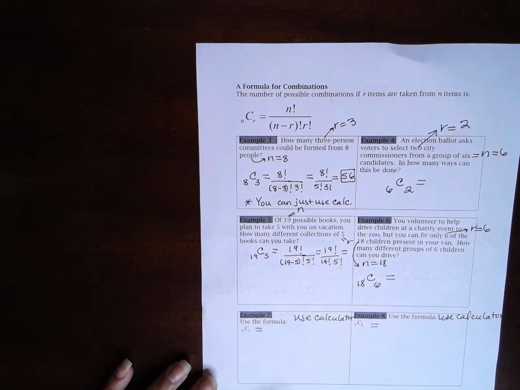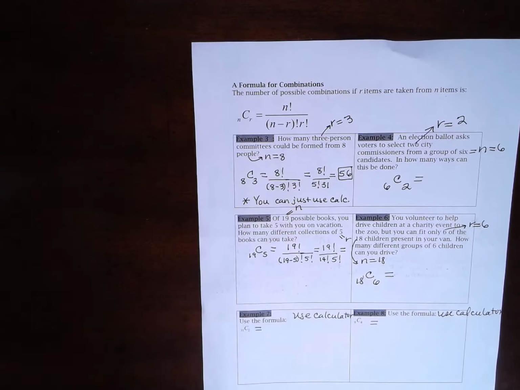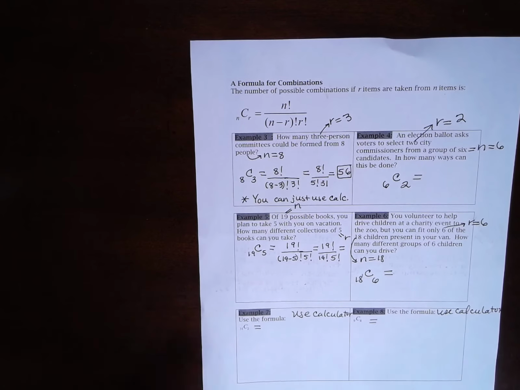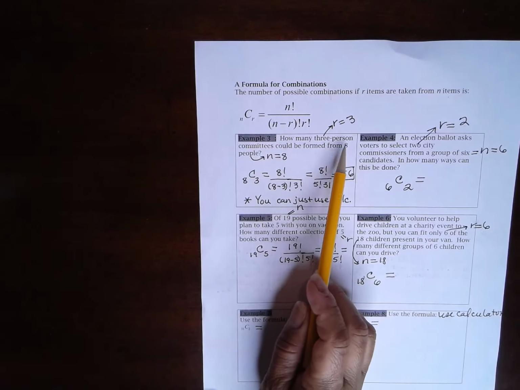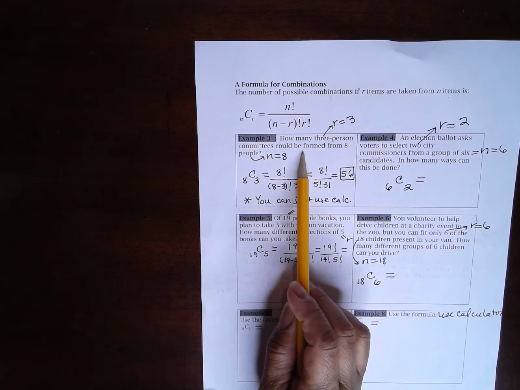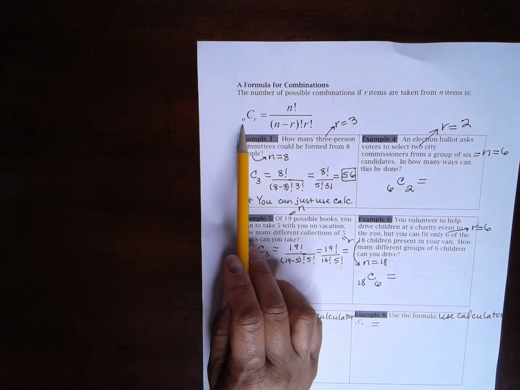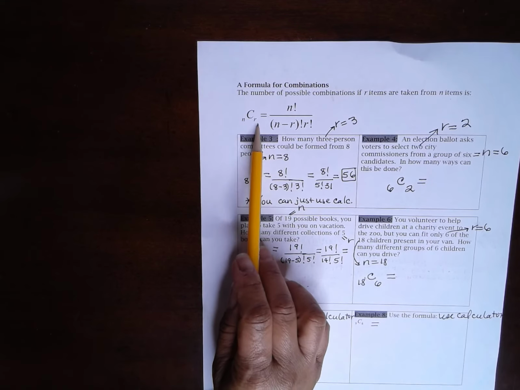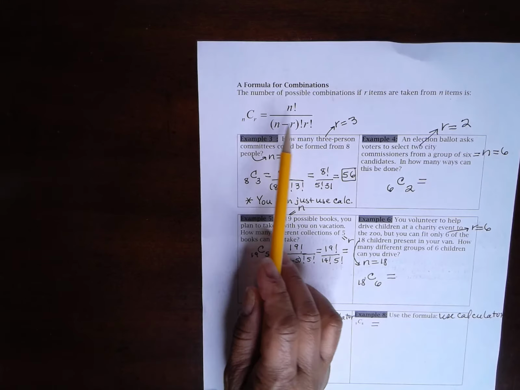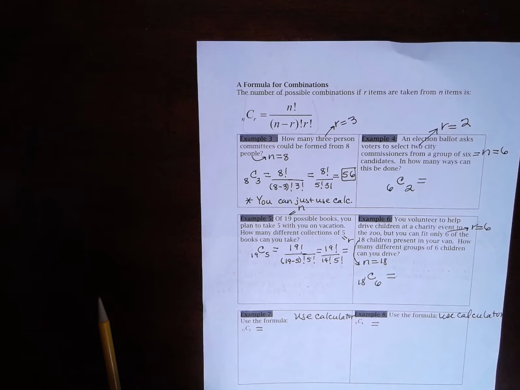The formula for combinations is here, and I'm going to show you with a calculator how to get the answers. How many 3-person committees could be formed from 8 people? You read this as the combination of n objects choosing r, and this is a formula that you will be able to use on the test.